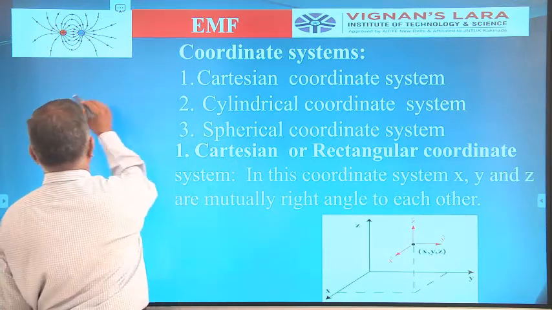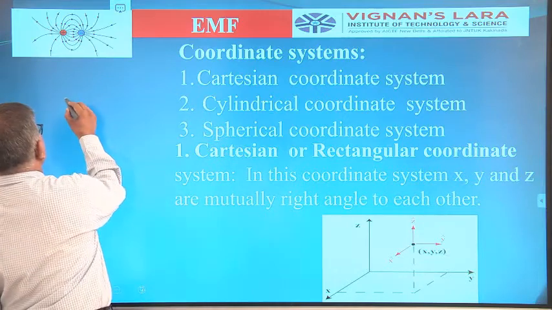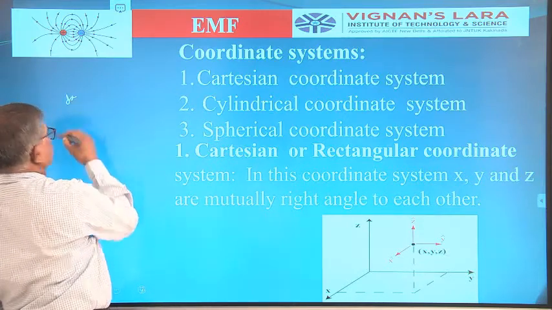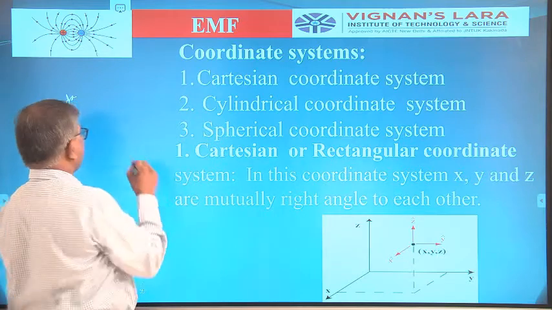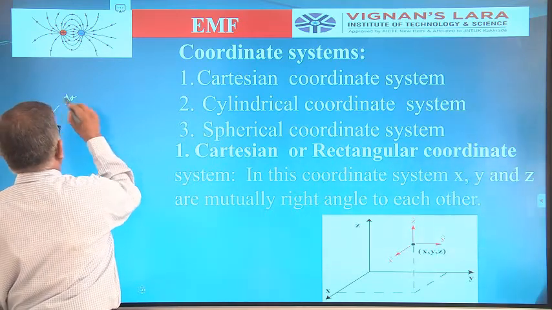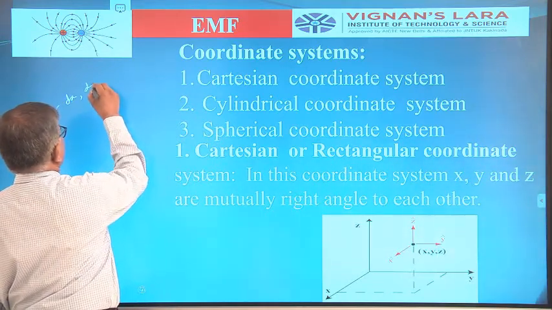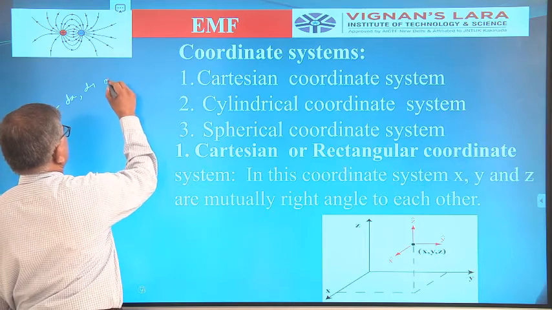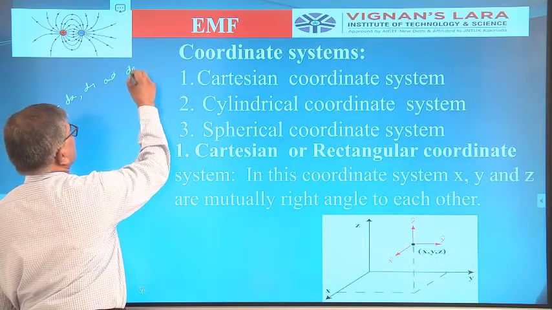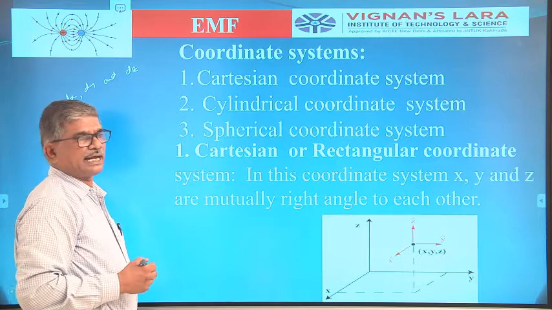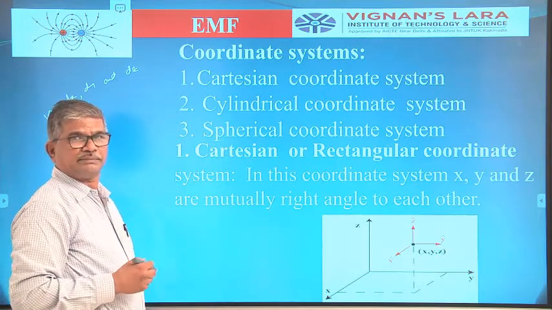Here dx is the increment along the x-axis, dy is the increment along the y-axis and dz is the increment along the z-axis respectively.